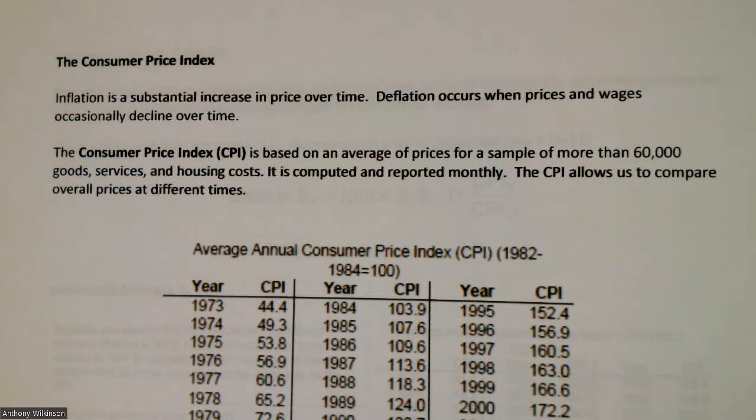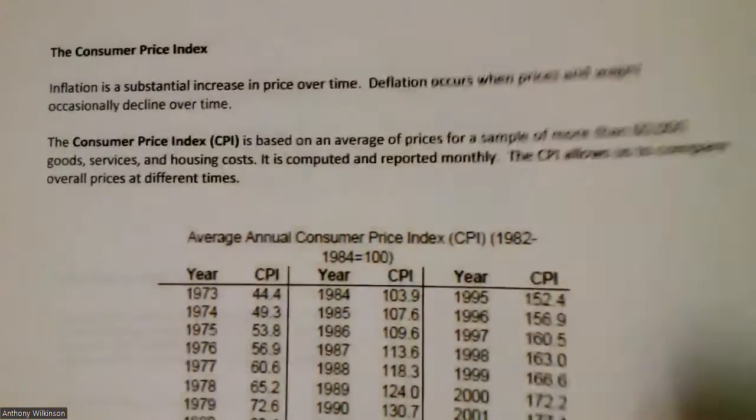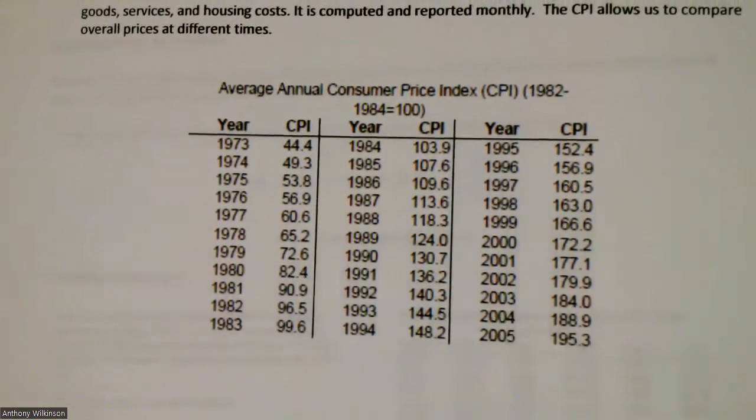So for this video and for this particular lesson, here's our table of the average annual consumer price index from 1973 up to 2005. They're using 1982 to 1984 to equal 100.